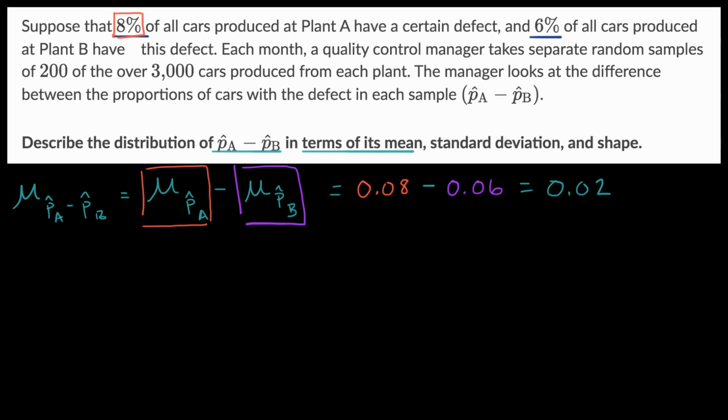Now let's think about the standard deviation. Instead of thinking in terms of standard deviation, let's think about the square of the standard deviation, which is variance. And from there, we can go back to standard deviation by taking a square root.